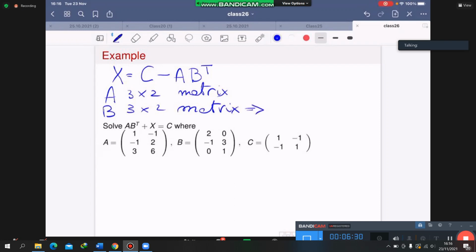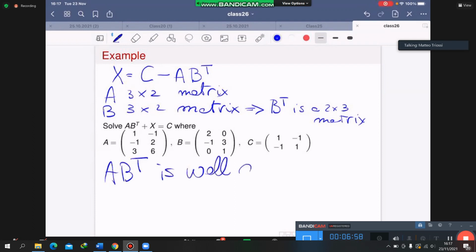So A B^T is a 2 by 3 matrix. So A B^T is well defined.